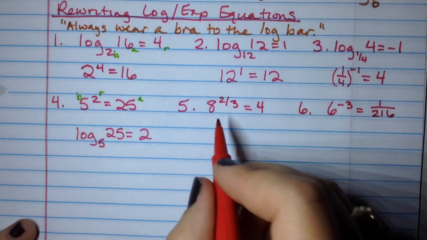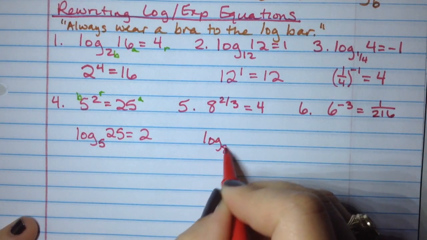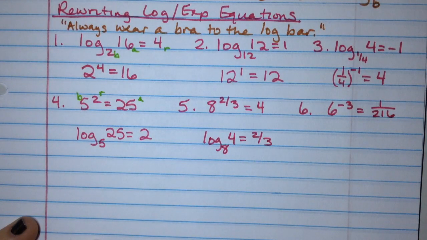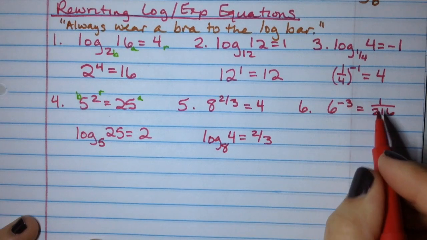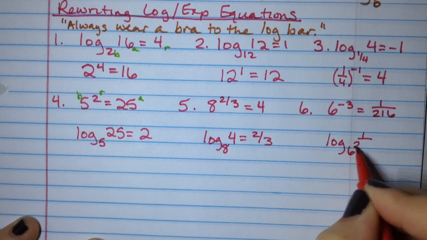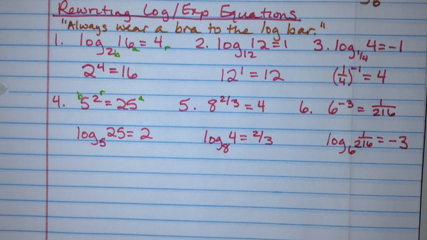Number 5, this is BRA, so we have log bar BRA, so we have log B A R. If you remember our exponent rules, these all make a lot of sense. Okay? It's a natural progression from our exponent rules to get to these.